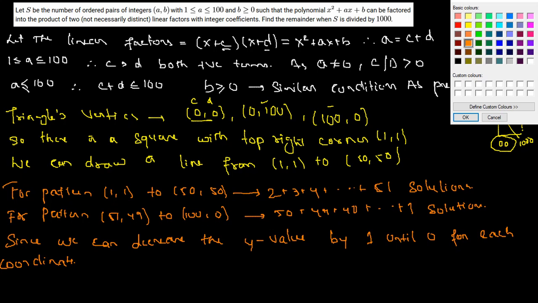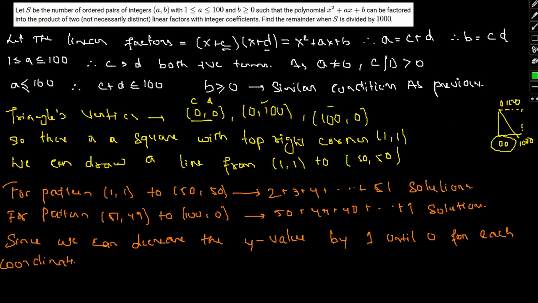Now if I'm supposed to add them up, we get 2 into 51 by 2 into 50 terms plus 50, sorry, my bad: (first term plus last term) by 2 into the total number of terms, plus again (first term plus last term) by 2 into the total number of terms.